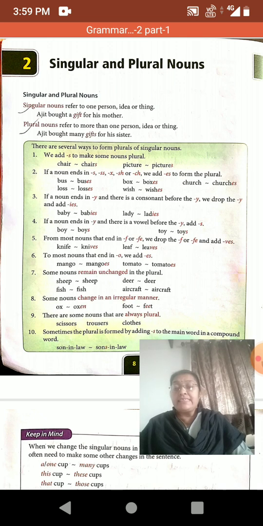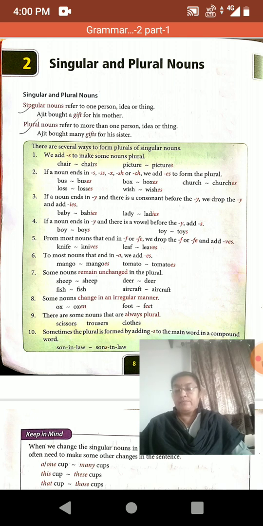If a noun ends in Y and there is a vowel before the Y, only add S. Boy, B-O-Y. Y के आगे क्या है? Before Y is O. O is a vowel. First onwards I explained, no? A, E, I, O, U are called vowels. So, Y के आगे क्या है? O. So we put only S. Boy, boys. Toy, toys. Understand बच्चे?